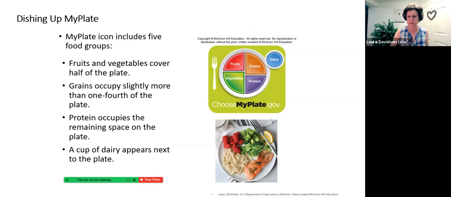And you'll be going to the website for your homework. So there are 5 food groups. Fruits and vegetables should be about half of your plate. Most of your plate should be covered by plant foods. You can see that clearly. And that dairy is next to the plate to show you that you need to include that group as well.